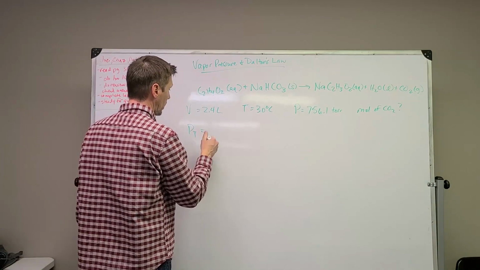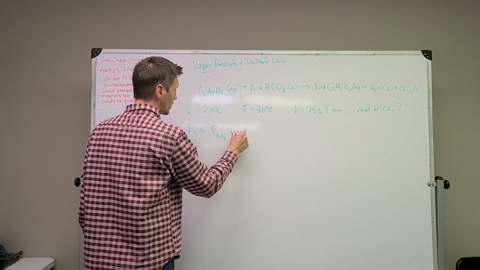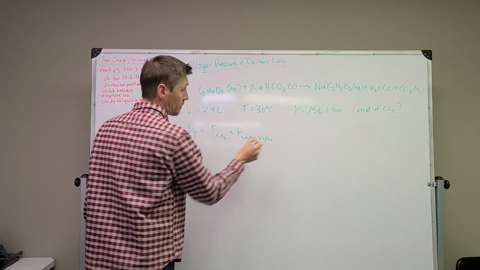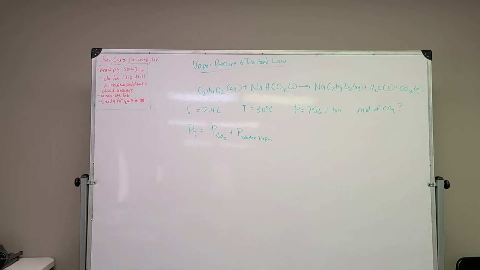So the total pressure of the system is equal to the pressure of the CO2 plus the pressure of the water vapor. That's based on Dalton's law: PT equals P1 plus P2 plus any other partial pressures of gases that were in there.